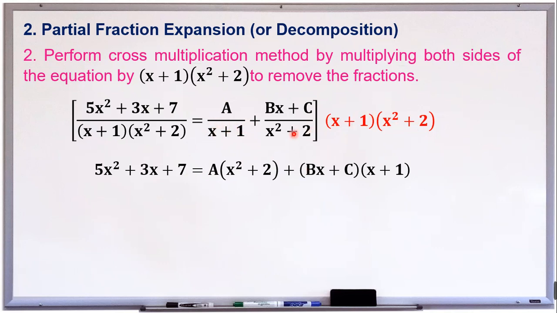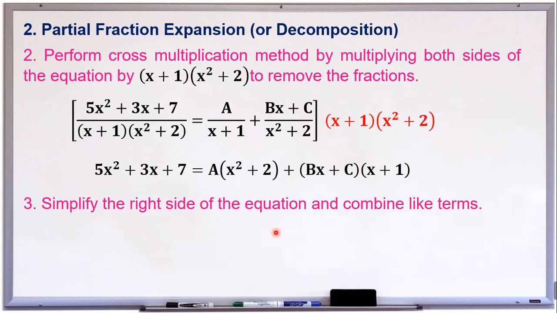Next is to simplify the right side of the equation. So we can distribute a to each of the terms in this binomial. So we have ax squared plus 2a. Then for bx plus c, we're going to multiply this one by x plus 1. You can use the FOIL method. So we have bx squared plus bx plus cx plus c.